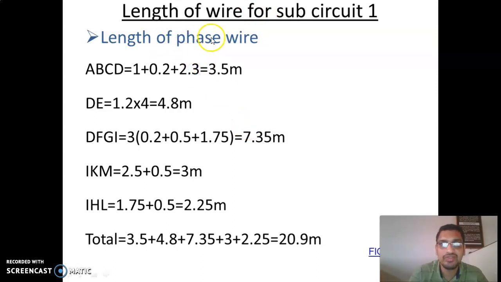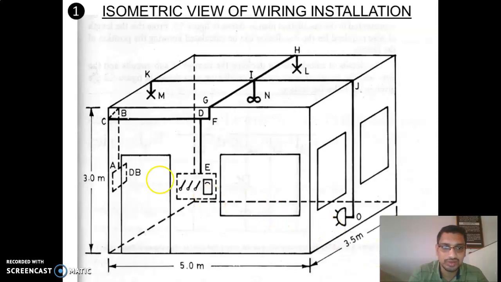Okay, in the phase wire, you see the diagram, we start from A to B. So what is the length of AB? The switchboard is fixed at 1.5 meter from the floor level, and the maximum batten height is 2.5.